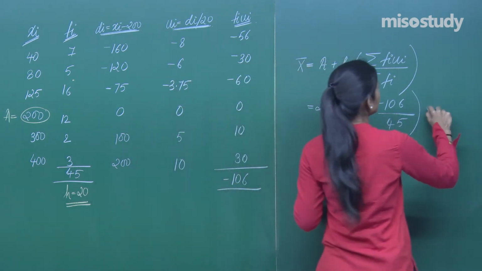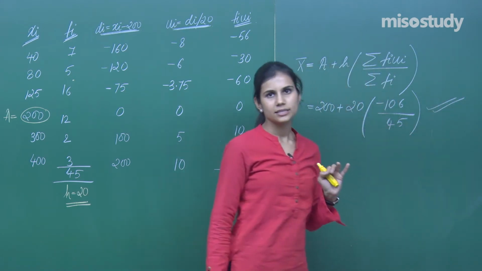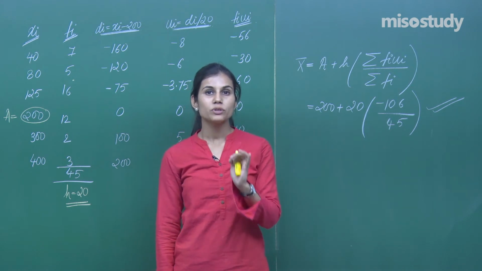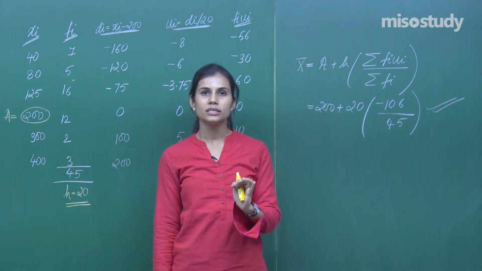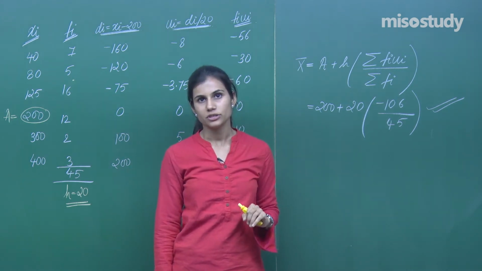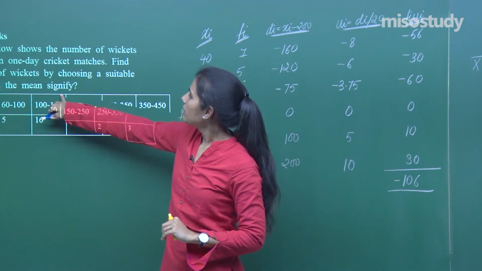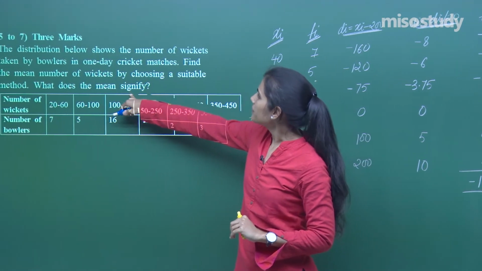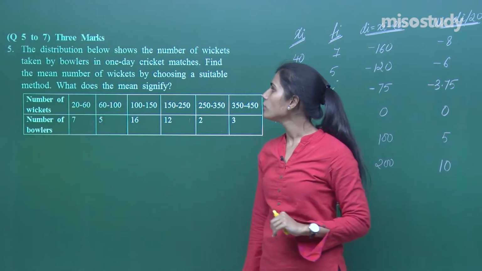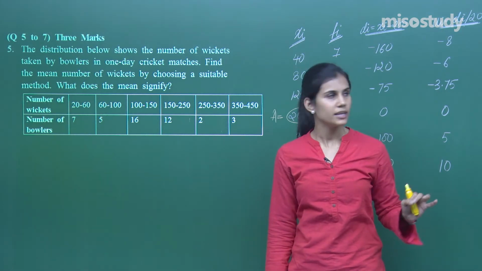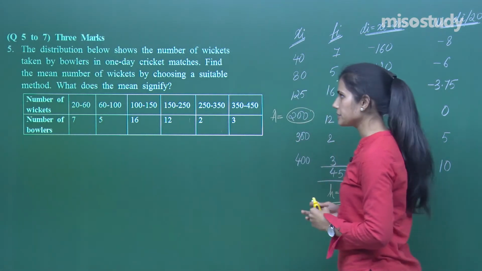Evaluate this number. This denotes the number of wickets taken by 45 bowlers in one-day cricket matches. So you can find this value, that's your answer.